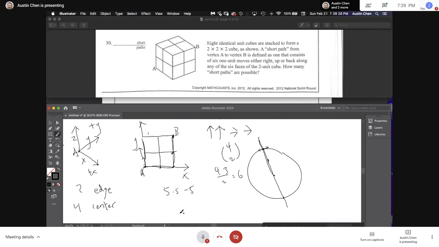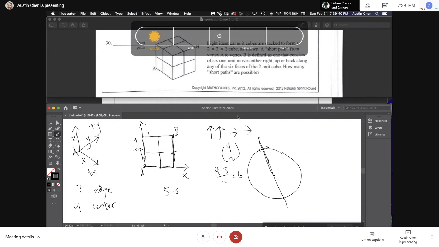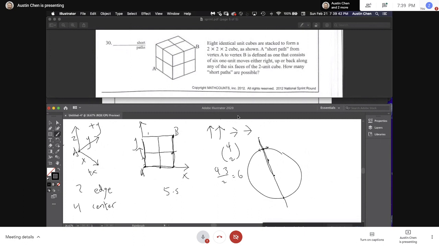Wait, no, it's not going to be that. Because the ones that are repeated are the ones that are not on the same dots. When there's two on the same one, they are repeated. Wait, they aren't?